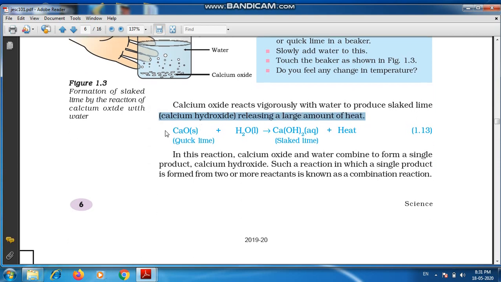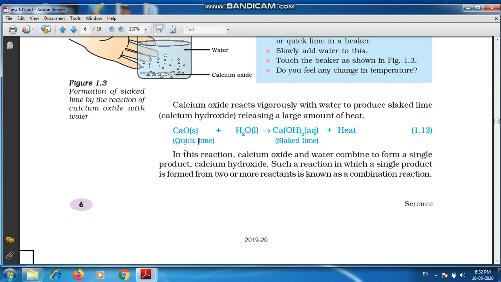Just see in the equation, CaO is calcium oxide, which is also called quicklime. You can see H2O, water, and what do you get? You get calcium hydroxide, Ca(OH)2, plus heat is liberated.